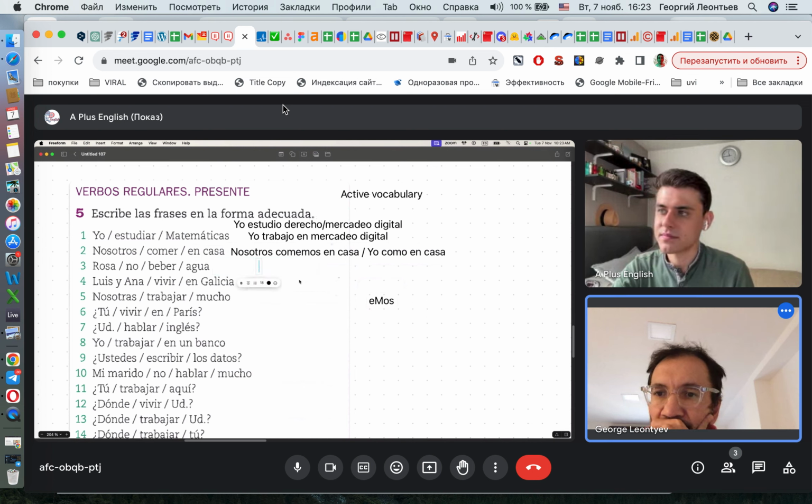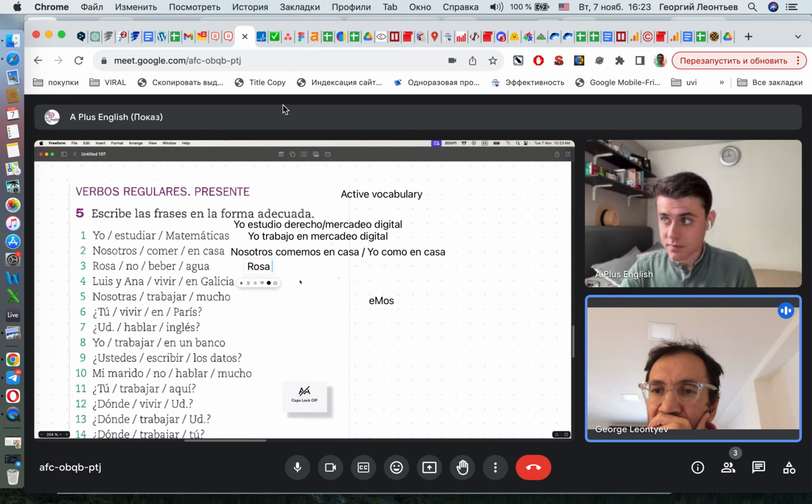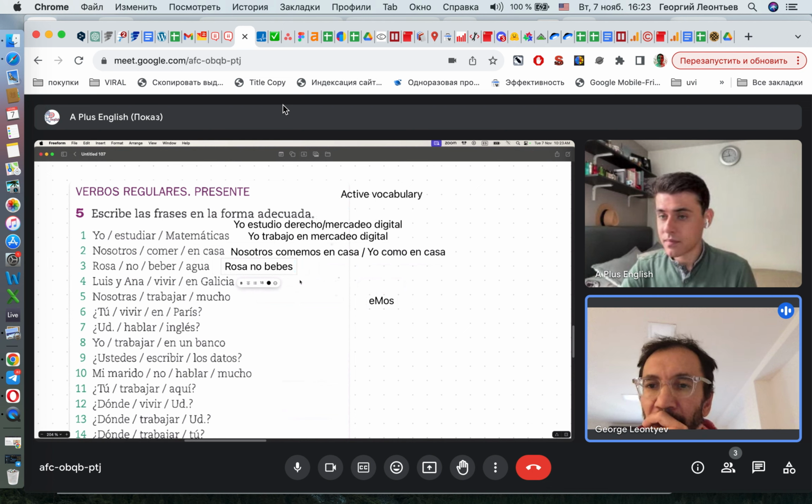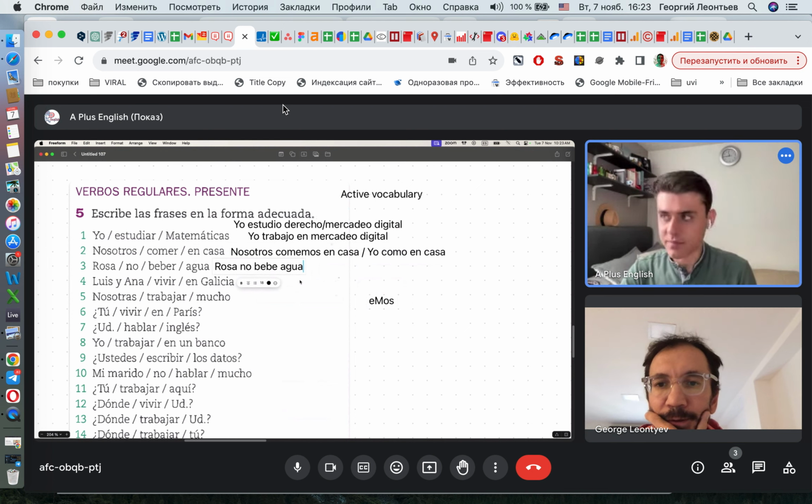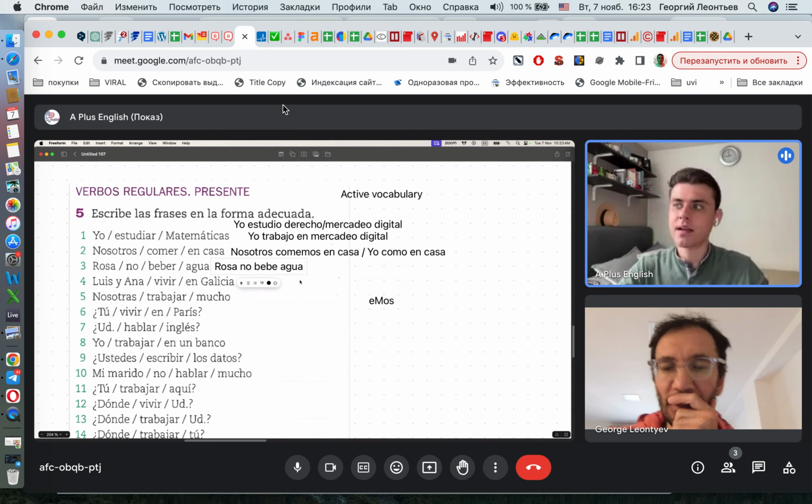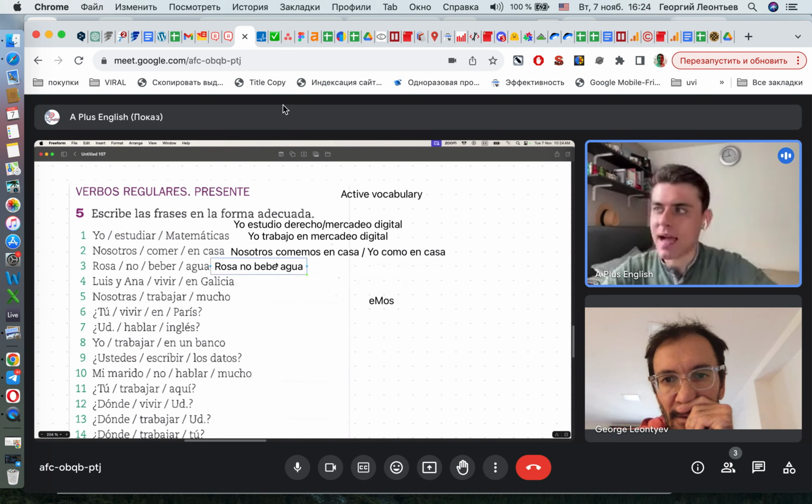Rosa no bebe agua. Perfecto. Muy bien. Bebes is for tú. Rosa is ella. Right? Rosa no bebe agua.